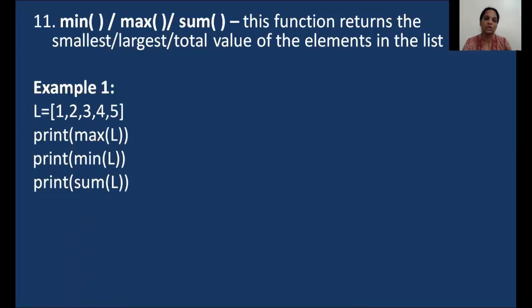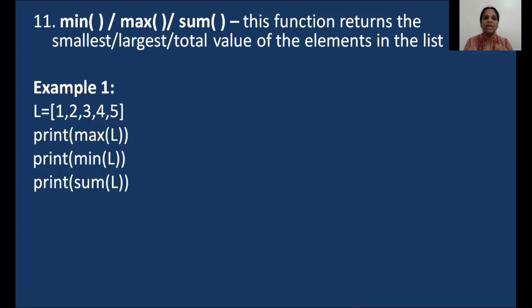So I've just given a list with some values, and I said max of L, min of L, and sum of L. Now pay attention. Min, max, and sum are not methods of a class called list. So you did not call it as L.max. All the other previous methods up to method number 10, we wrote L.sort, L.reverse.